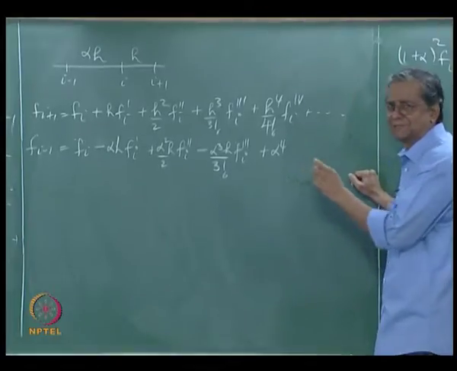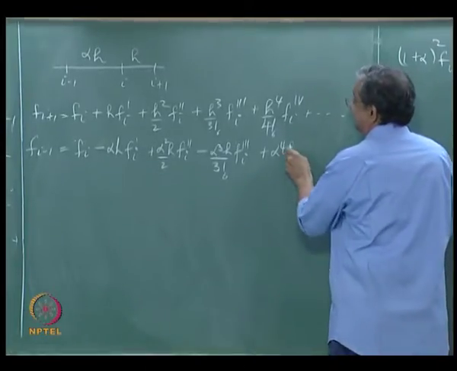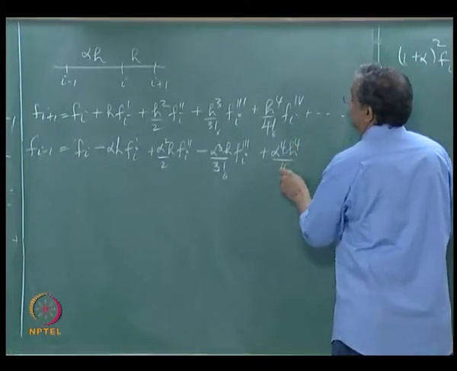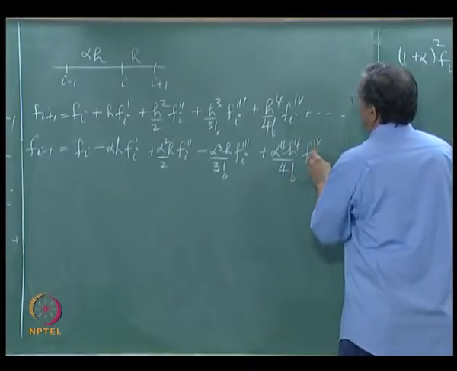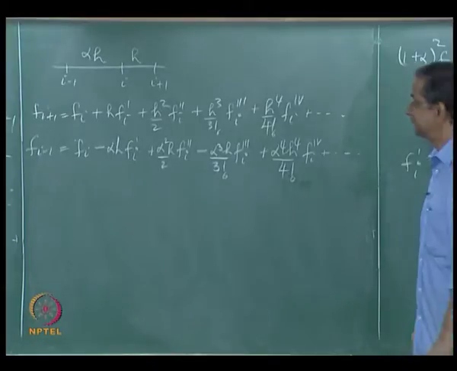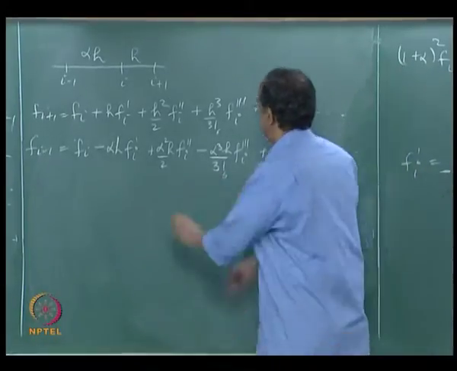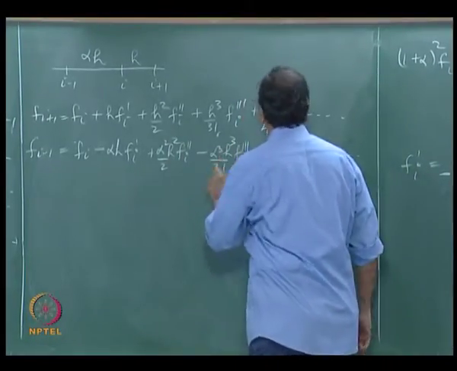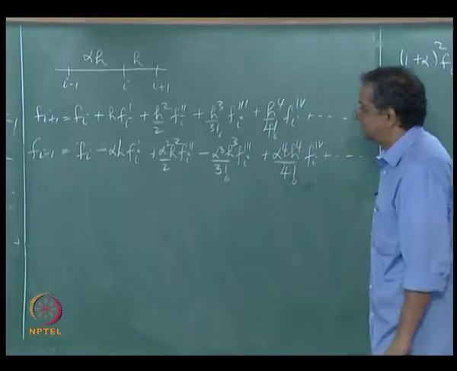This is not as bad as the first derivative term, right. Is that fine? h squared, h cubed, I am being a little careless today.